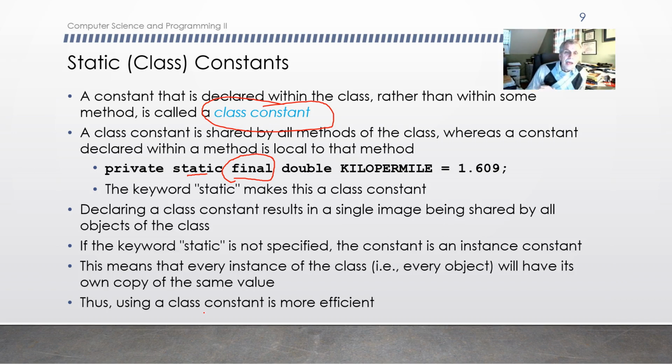But by making it a class constant, which we achieve by calling it static, there is only one version of this thing, one image of it, one block of storage, so it's more efficient. Technically, it's not incorrect to make it an instance constant, but this makes more sense. It's more efficient, and again, it's going to be shared by all. So we don't really need to make instances of it.